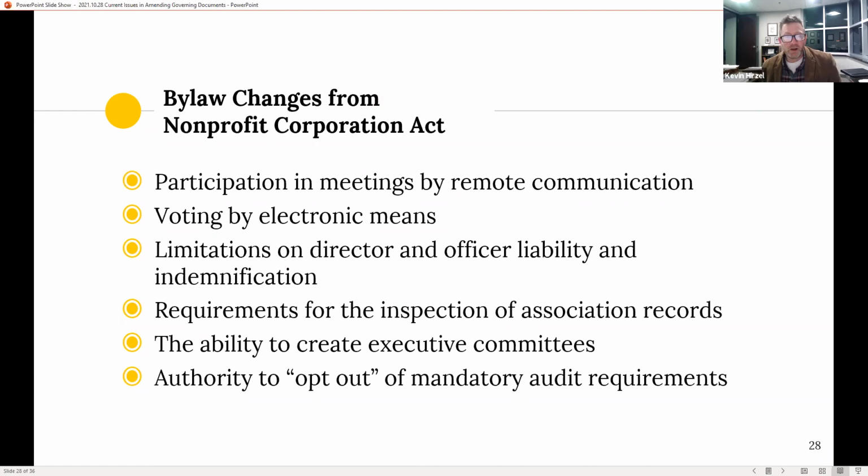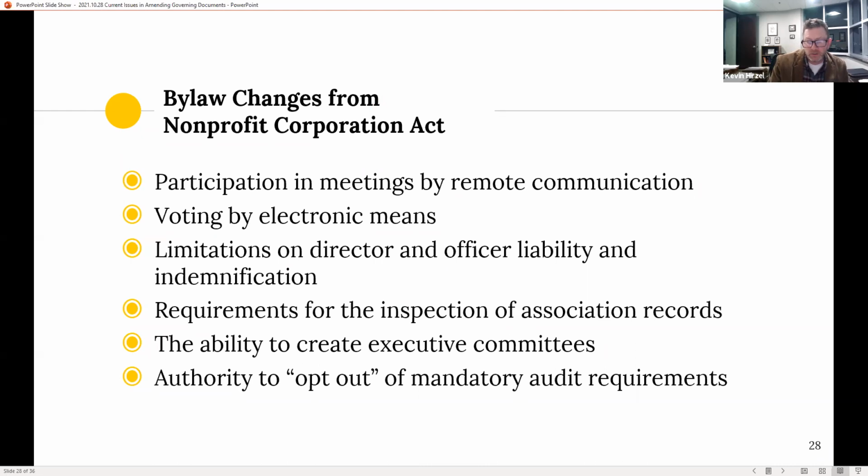With respect to bylaws, the condo bylaws themselves deal with different things. You have restrictions, you have insurance, but you also have the concept of the bylaws that relate to corporate activity and your participation in the corporation itself.